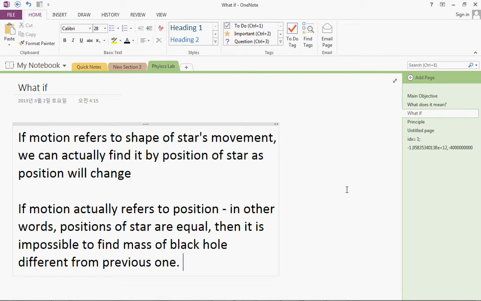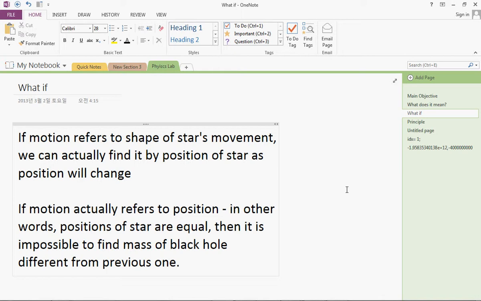What if the black hole stays the same, but the mass increases, and the motion of the stars is the same? When they refer to motion, there are two things: the position can be the same, or they can refer to just the shape of it.